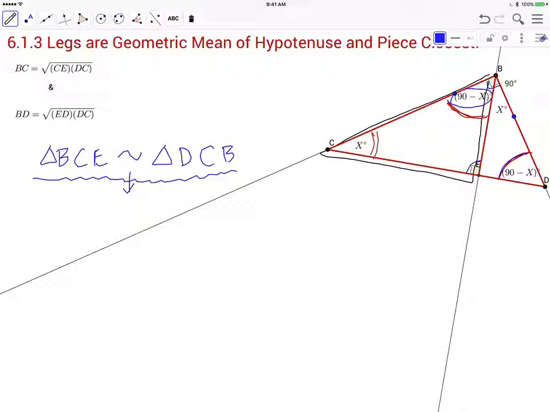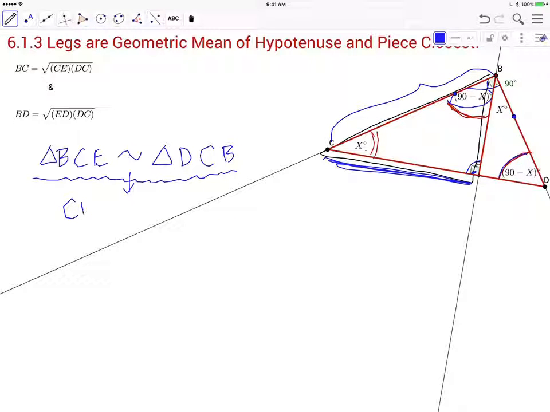Now from this, though, we get some very nice ratios and proportions, so let's be careful here. CE, which is the leg of the medium that goes from the 90 to the x, will correspond to this one on the large.